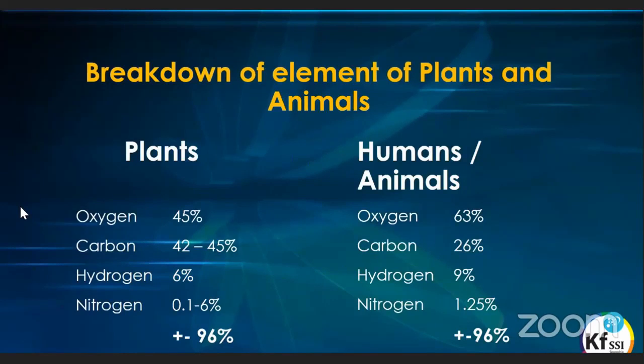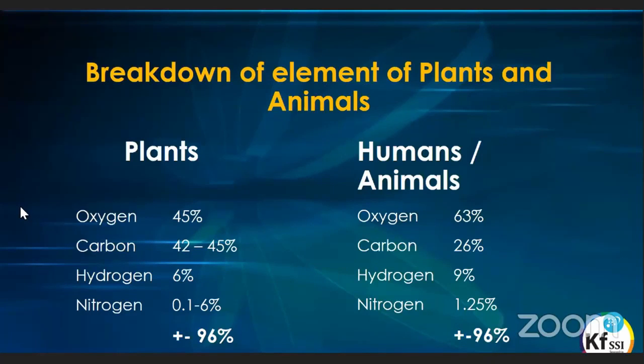So in the human body, we saw that we were almost 96% based on carbon, oxygen, hydrogen, and nitrogen. When we look at the plants, we find that they are also around 96% based on oxygen, carbon, hydrogen, and nitrogen.